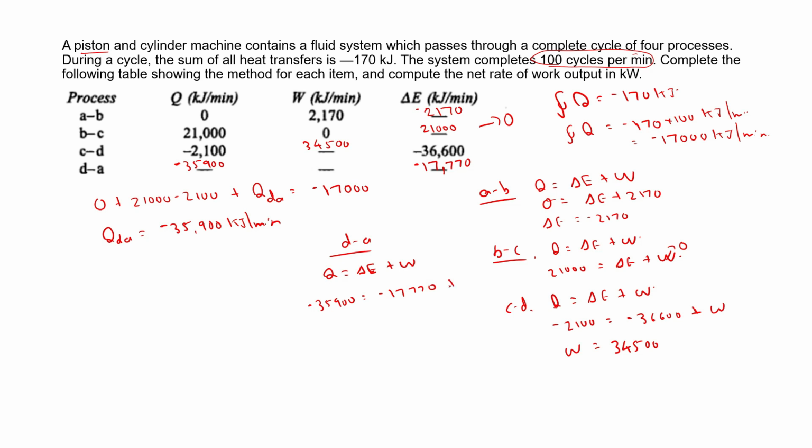So delta E is minus 17,770 plus W. So W will be equal to minus 18,130 kilojoule per minute.